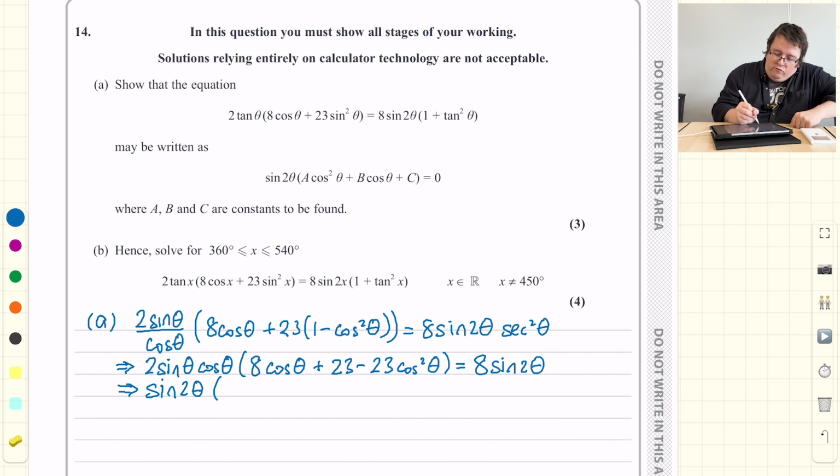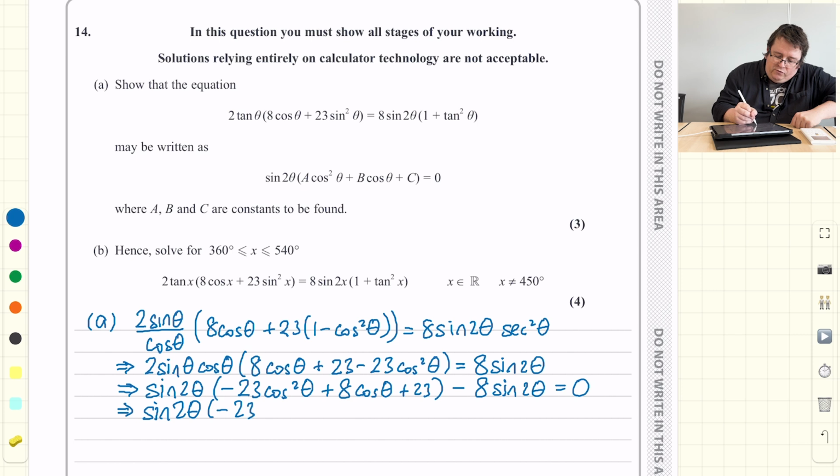So let's rearrange the terms in here. So take away 23 cosine squared theta plus 8 cosine theta plus 23. Take 8 sine 2 theta from both sides. And now we can factorise. So factoring sine 2 theta out, we'll have minus 23 cosine squared theta plus 8 cosine theta plus 23. Now take away 8 as well.